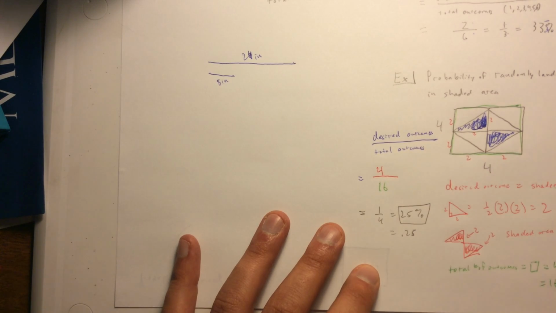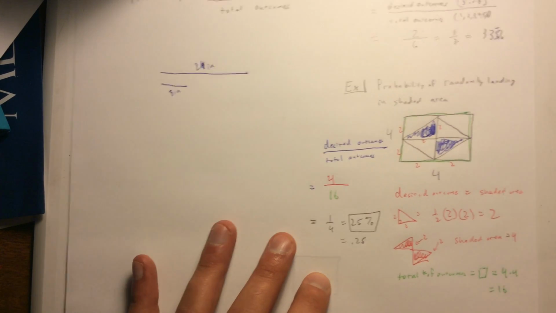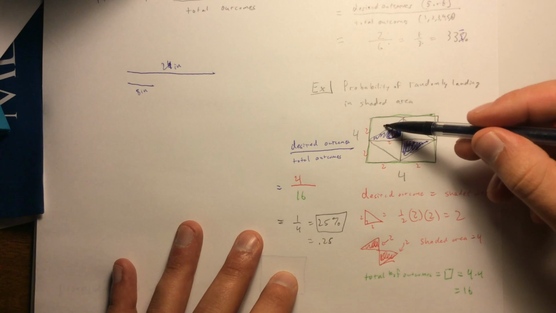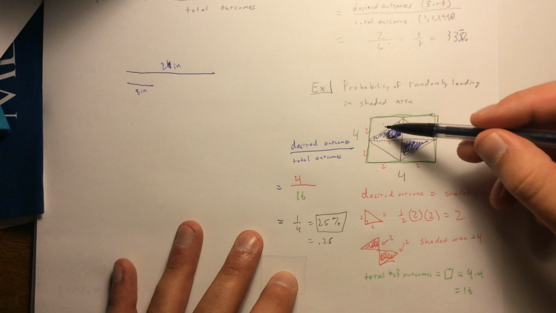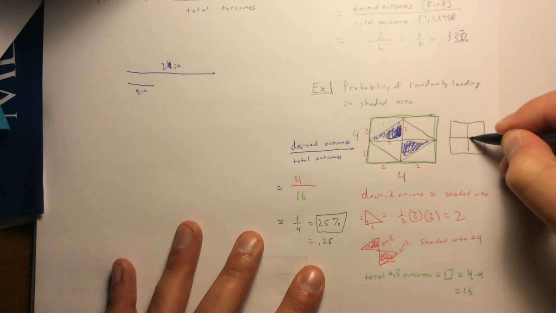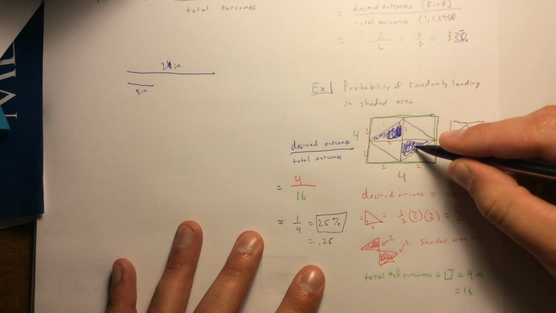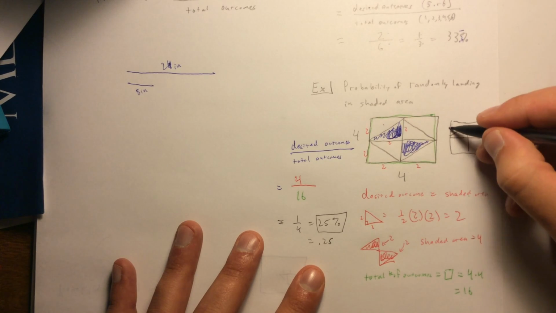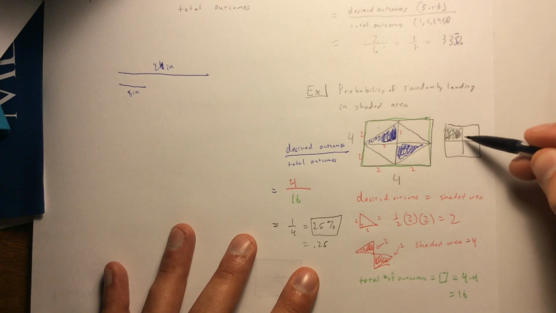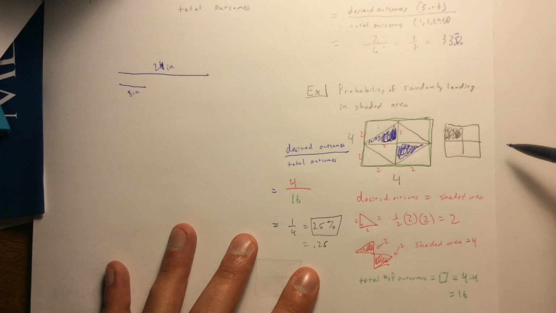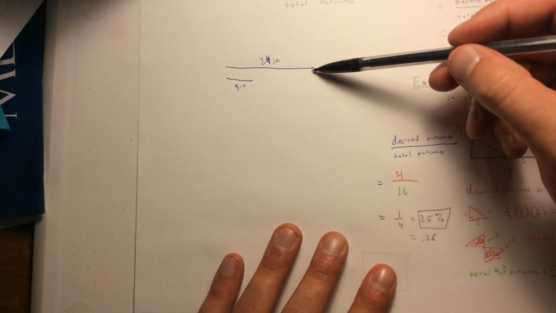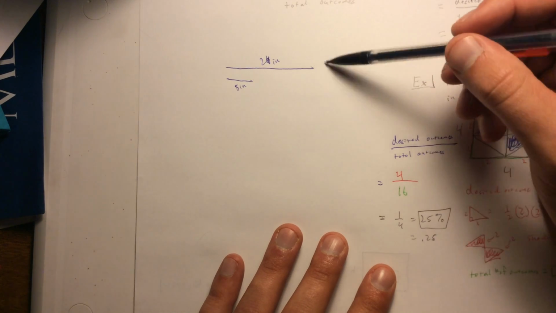So that's a 25% chance of landing in the shaded area here. And if we rearrange this, if I cut this here, put it there, move that one down, it actually makes sense. If we move that one up there, move that one down there, hey, that's 1/4 of the square.